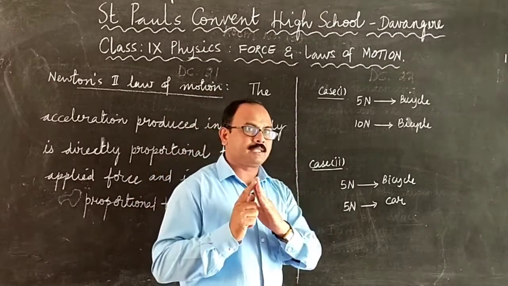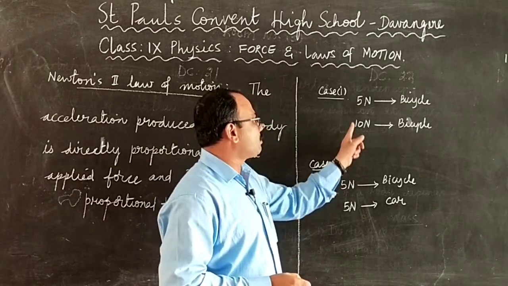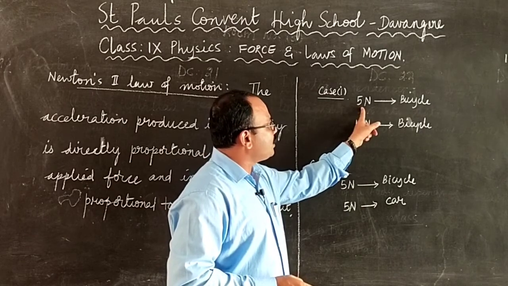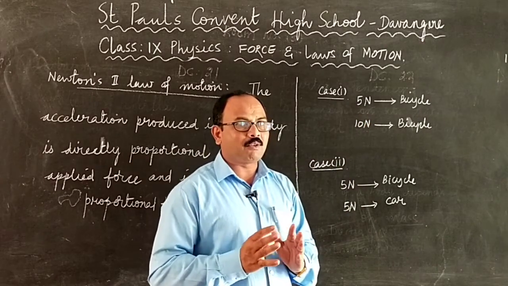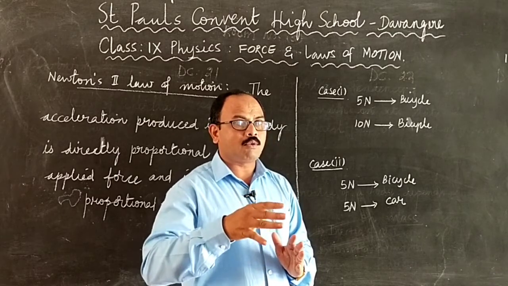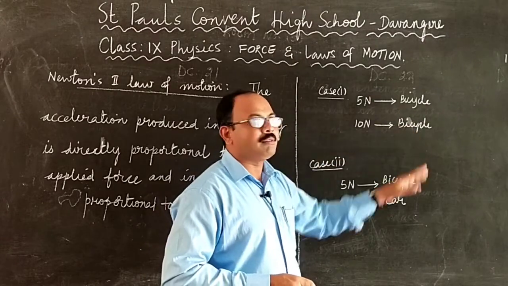Consider the first case. The amounts of force are 5 Newton and 10 Newton. Not the same amount of force, a different amount of force is applied on the same vehicle.